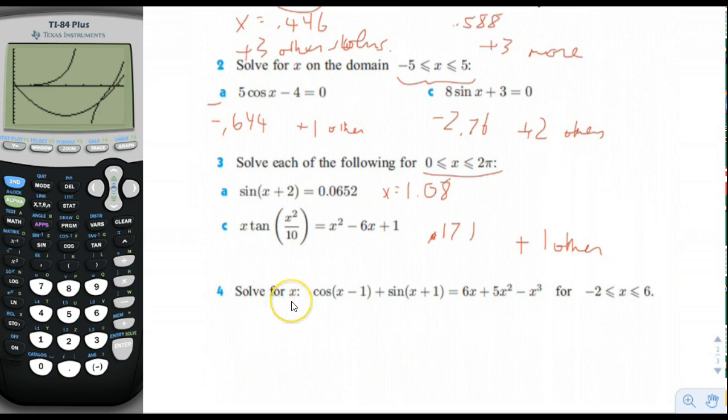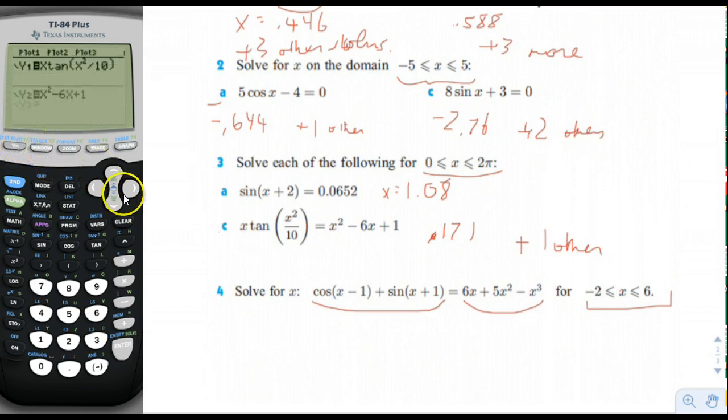Last one, solve for x. They give us a left side here and a right side here, and they give us a domain. So we're just going to put these in, and it's getting pretty boring now, right? And you're like, okay, Mr. Tsubaki, I already know how to do this. Cosine of x minus 1 plus sine of x plus 1.